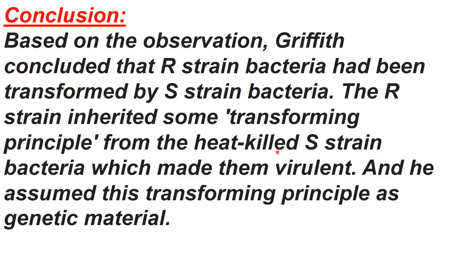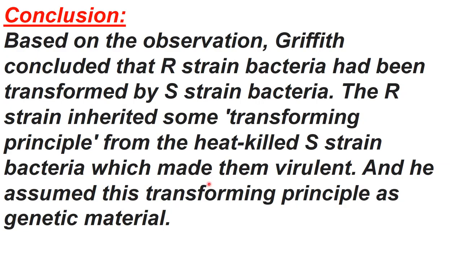There is something coming from the heat killed S strain bacteria, due to which these R strain, non-virulent bacteria, are becoming virulent, and he assumed this transforming principle as genetic material.